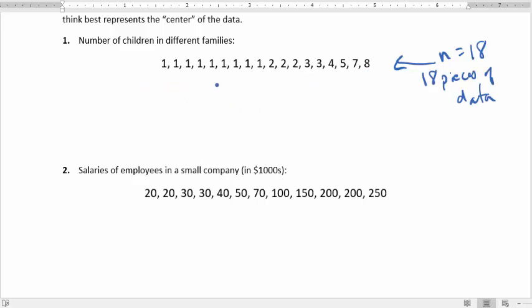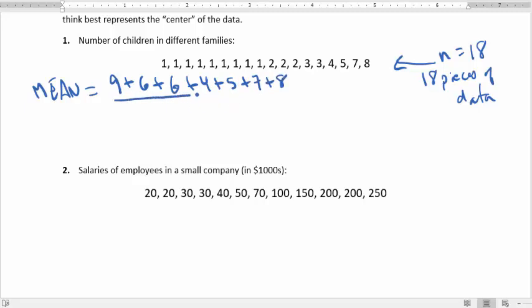So if we're going to find the mean of these, we can add them up. There's 9 ones, so that's 9, plus 3 twos, so that's 6, plus 2 threes, that's another 6, plus 4, plus 5, plus 7, plus 8.